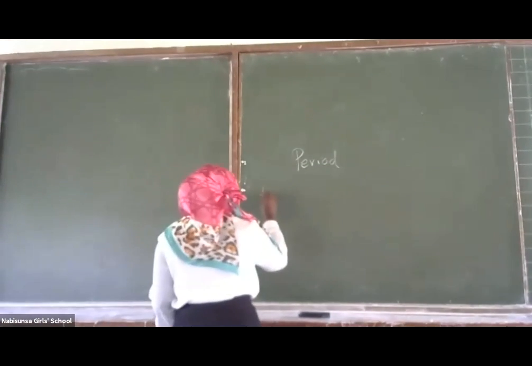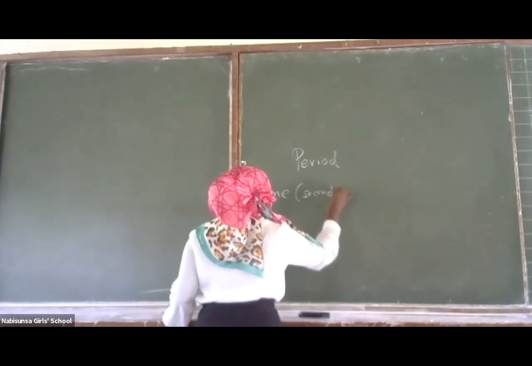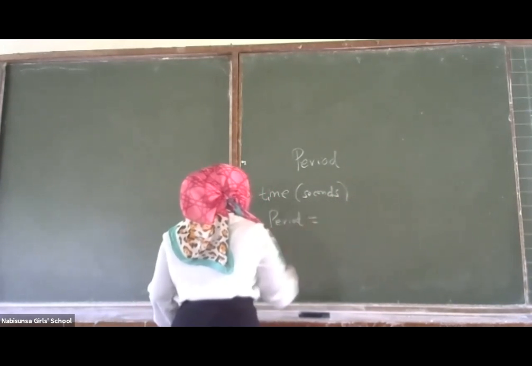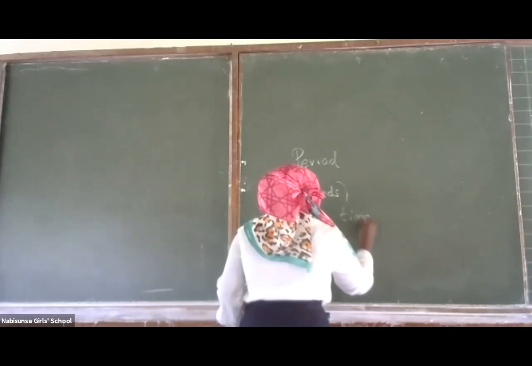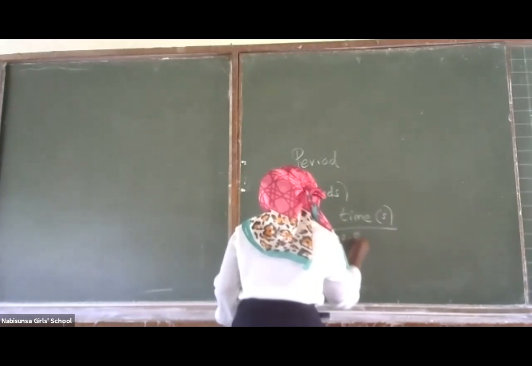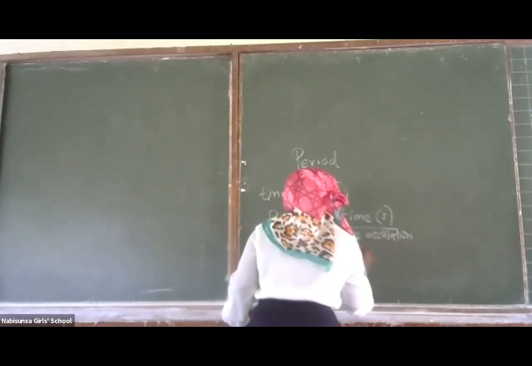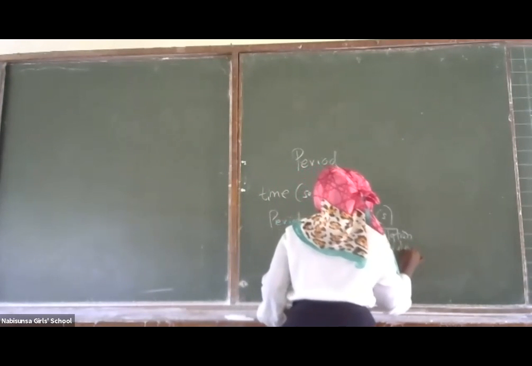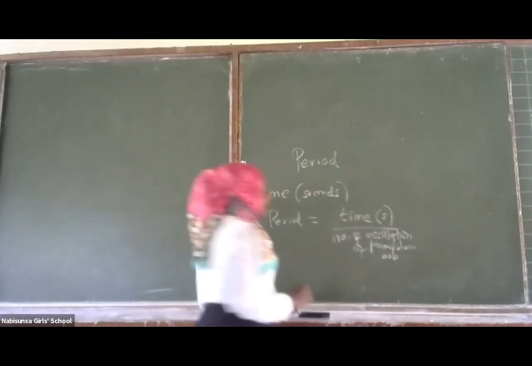If you have time in seconds, you can get period by getting time in seconds divided by the number of oscillations of the pendulum bulb.